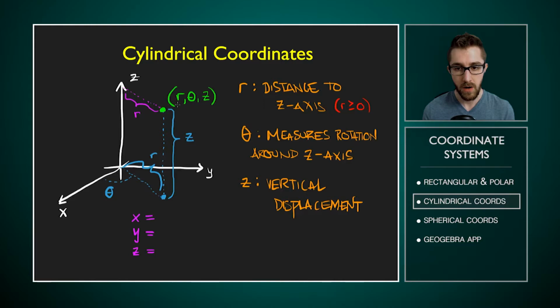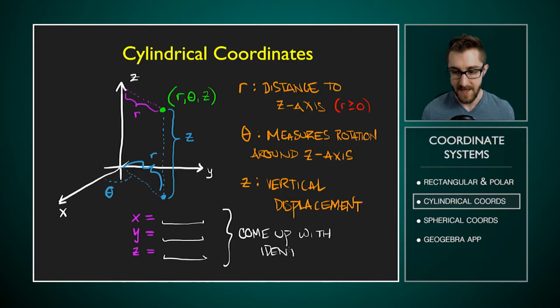If you know r, theta, and z, I want you to try to come up with formulas for x, y, and z in terms of r, theta, and z. You can call these coordinate identities. So this is for you to try on your own. I'll give you a hint. If you already know r, theta, and z, then you can compute z by just putting a z here. Okay, so that was the easy one. The hard ones are for you to figure out. If you know r, theta, and z, what are x and y for this point in three-dimensional space?